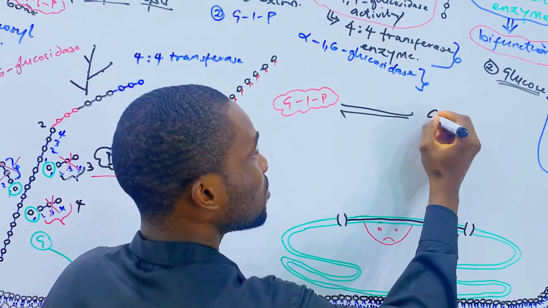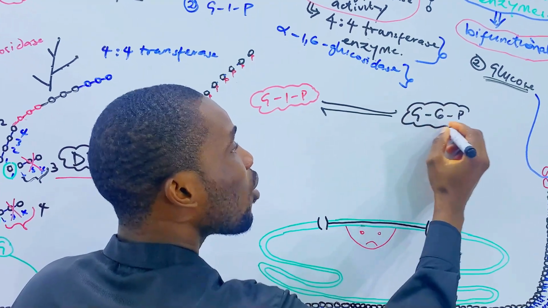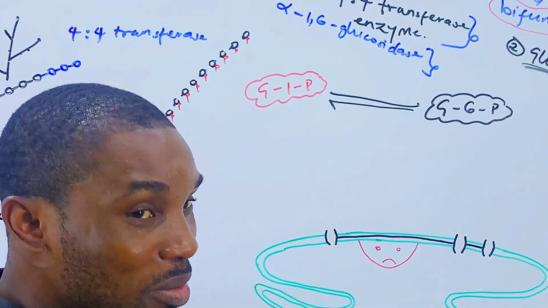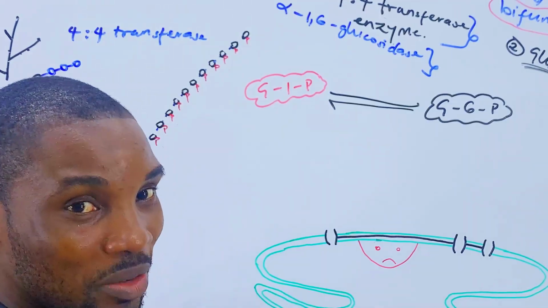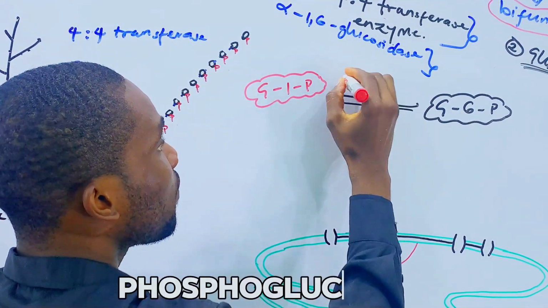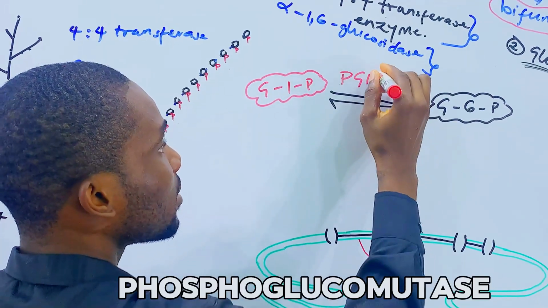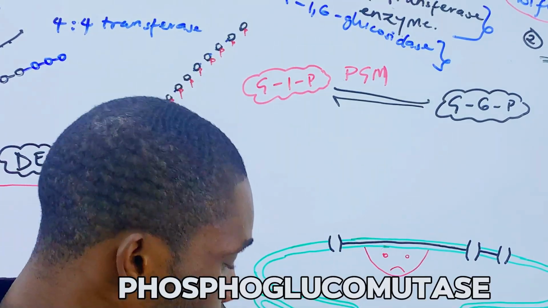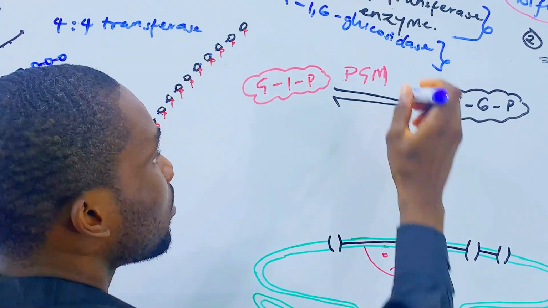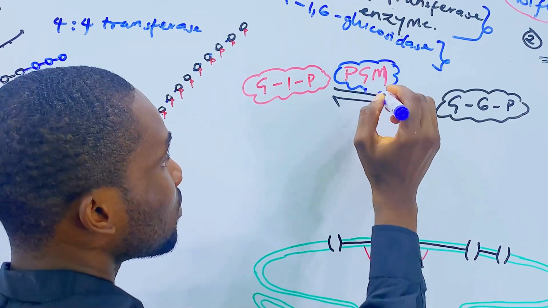So it forms glucose 6 phosphates. What is the name of this enzyme? From our video on glycolysis, I'm sure you would get the name of this enzyme. It's a mutase. So the name of this enzyme is phosphoglucomutase, right? Phosphoglucomutase, PGM. That's the name of this enzyme.